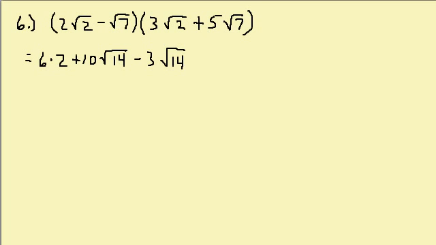Okay, now remember, it's like there's a 1 in front of that 7. So negative 1 times 5 is minus 5, and then square root of 7 times square root of 7 is square root of 49, and the square root of 49 is just 7.